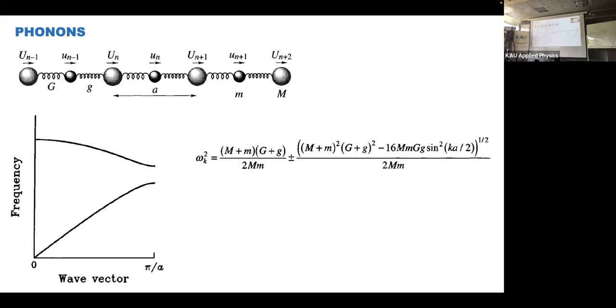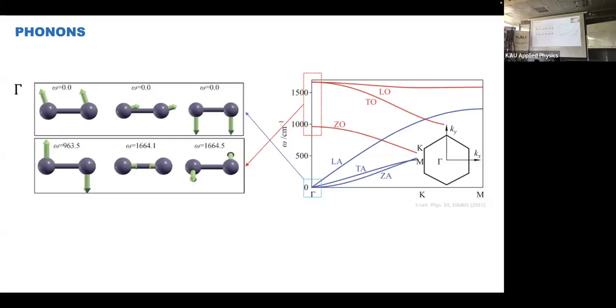So about optical properties, we can calculate within the routine ph.x. We can also calculate some Raman spectra. This is how it looks. At the gamma point, we have these acoustic bands when atoms move in the same direction. And when they move in opposite directions, we have these optical bands with a very huge frequency.